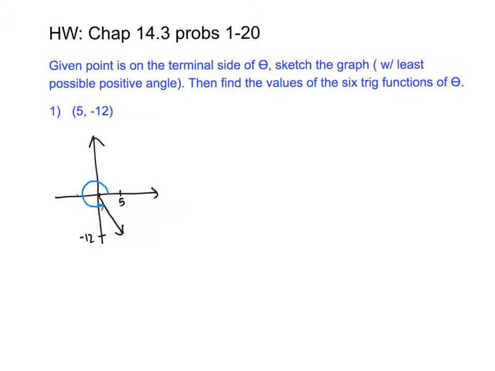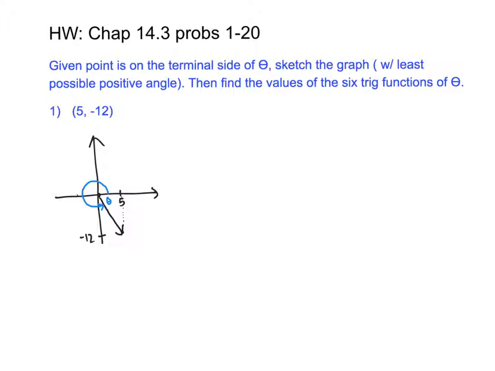Actually, let me place the angle here so that we can use that to figure out our triangle and our trig functions. Remember that I went counterclockwise because it wants the least positive angle. From here, you could form a triangle to show that off.